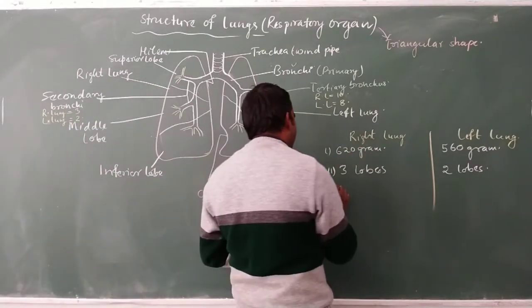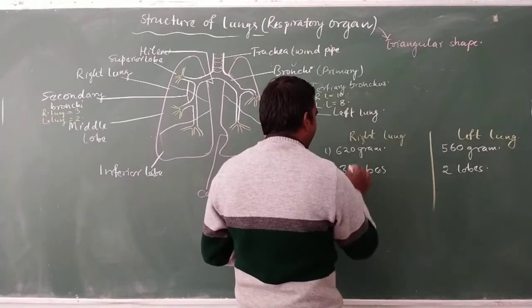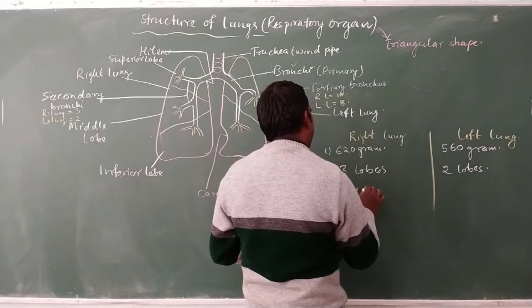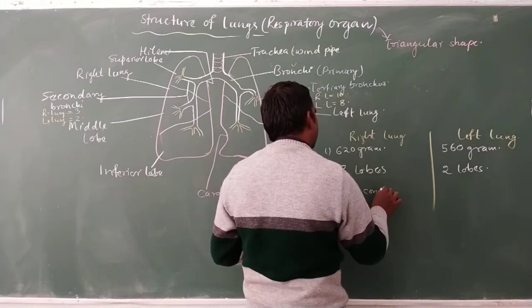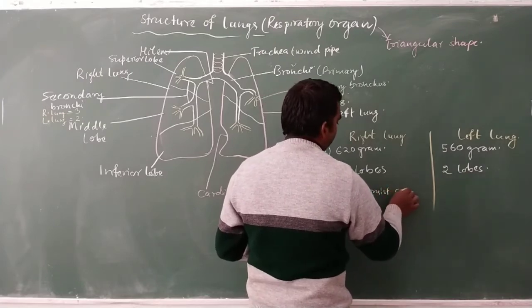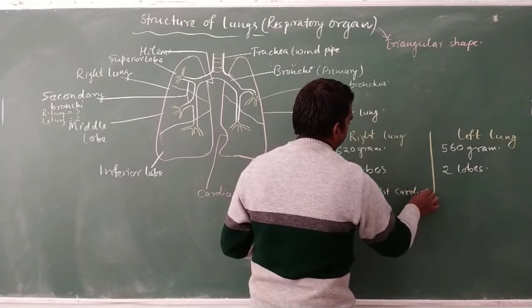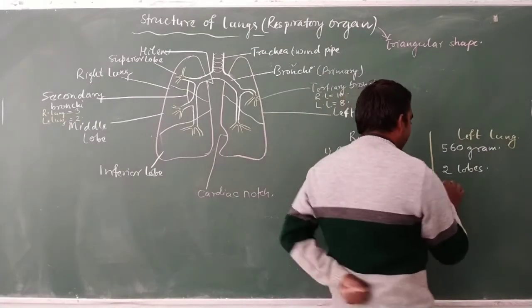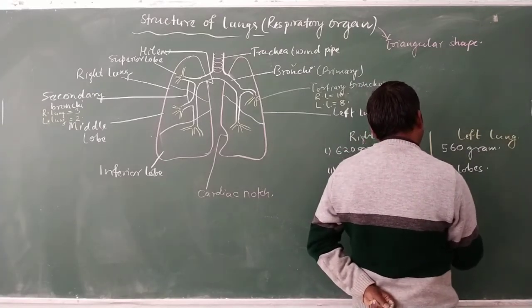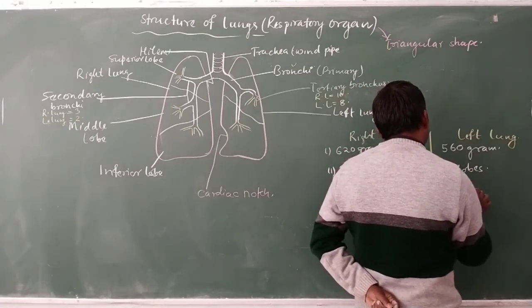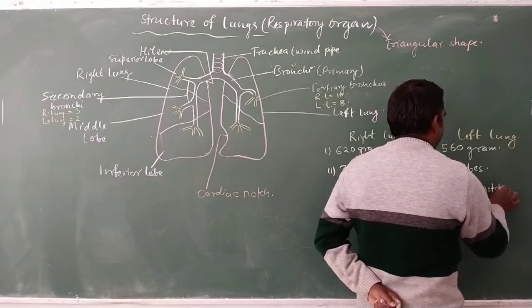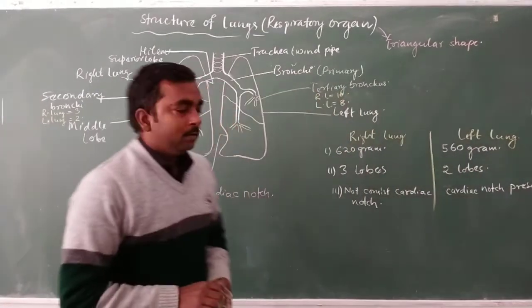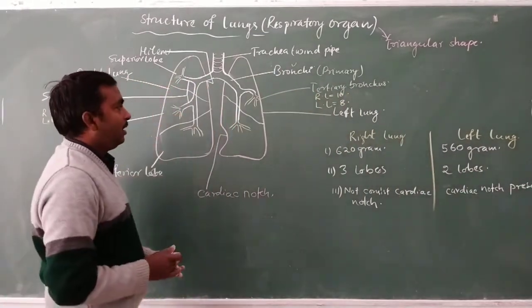It means the third difference is that the right lung does not have a cardiac notch, while in the left lung the cardiac notch is present. So these are the three basic differences between the right and left lung.